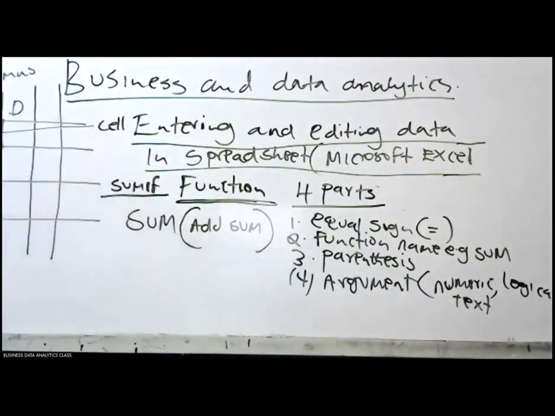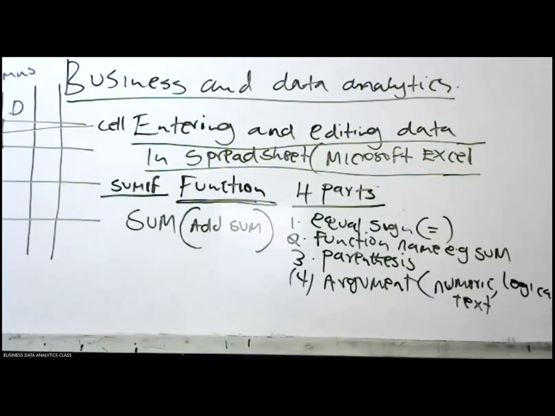If the marital status is equal to married, because in this column we have either married or single, and we have a larger data set of about 8,000 rows.